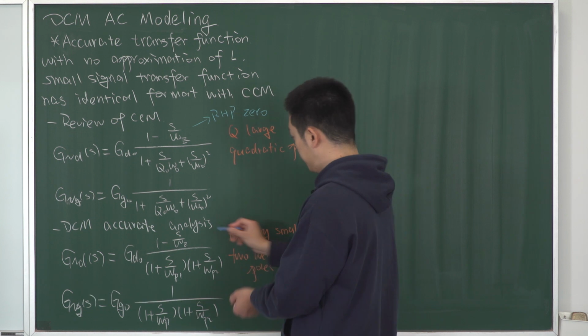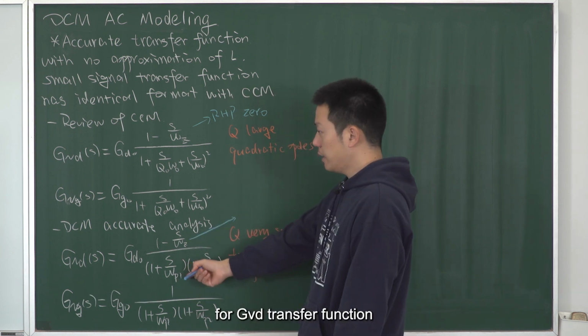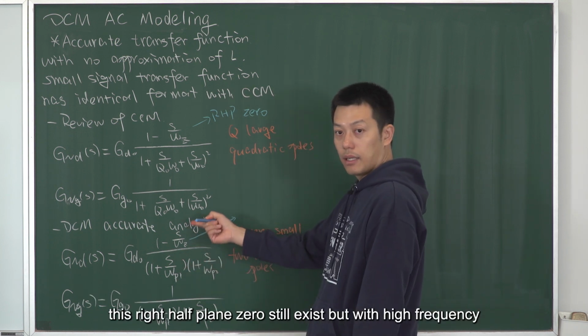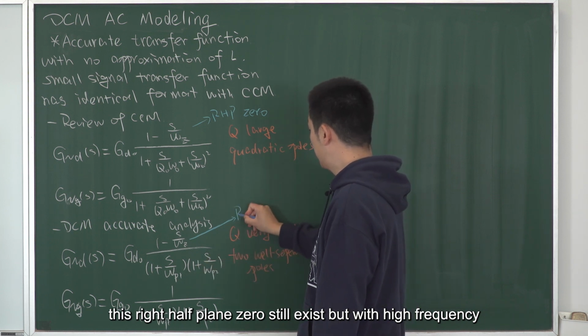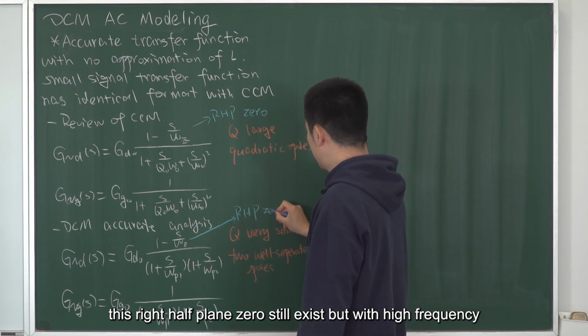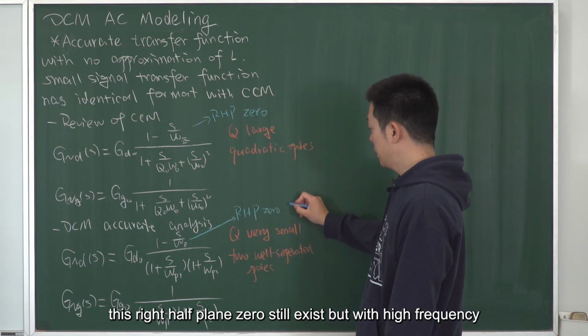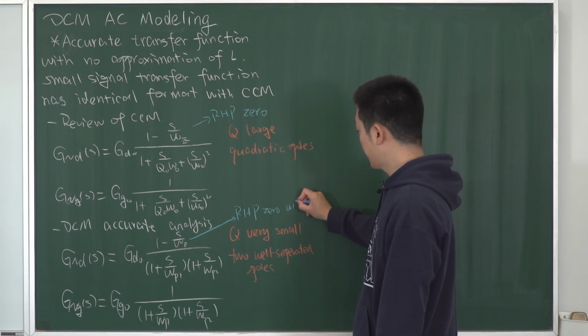And moreover, for the GVD transfer function, this right half plane 0 still exists, but with high frequency.